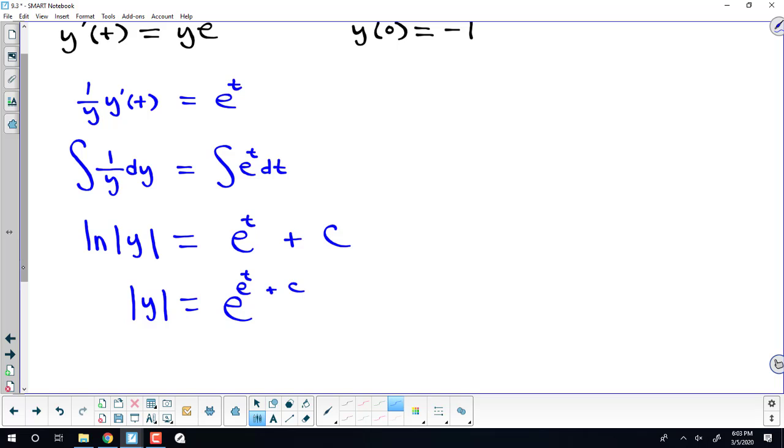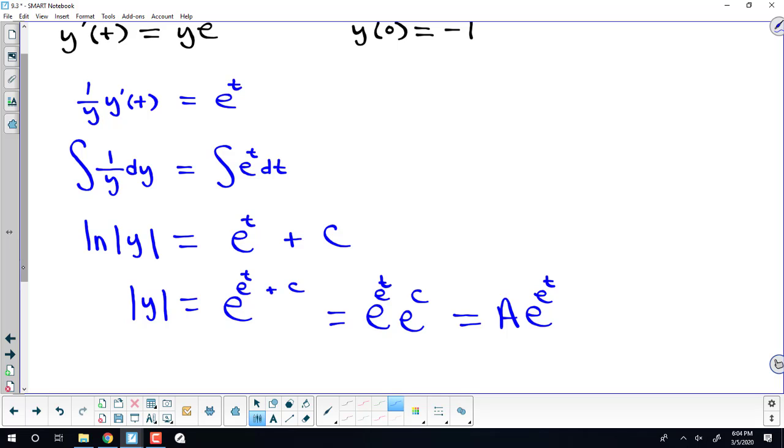And so from here, you could say that that's just e to the e to the t power times e to the c, which e to the c is another constant. I don't know that that's absolutely necessary, but we can certainly do that.